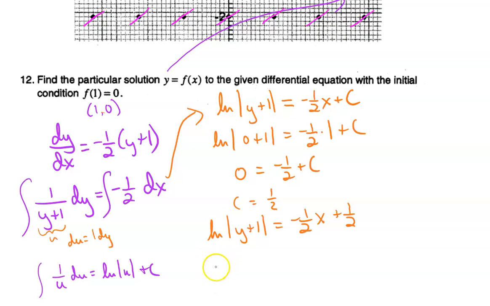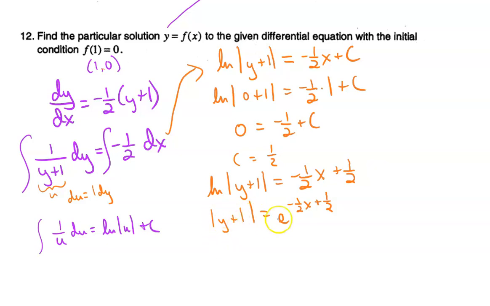Then to solve from here, take the exponential of both sides, we get the absolute value of y plus 1 equals e to the -x/2 plus 1/2. Okay, take off the absolute value bars, put a plus or minus in front. We have y plus 1 equals plus or minus e to the (-x over 2 plus 1/2), and then subtract 1 from this. So we have y equals -1 plus or minus e to the (-x over 2 plus 1/2).